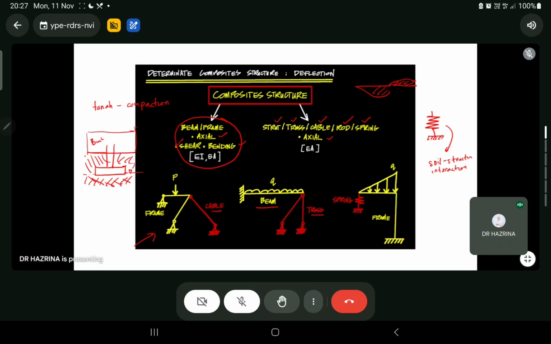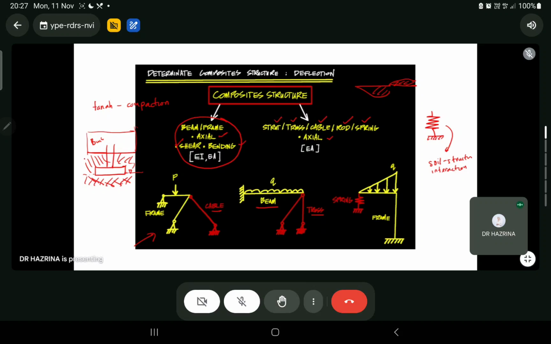So when the building is built up on top of the soil that has been compacted and has been consolidated, okay, so estimation kalau dalam real construction industry, dia akan estimate biasanya tanah itu akan mendap dalam sekitar 2 mm.